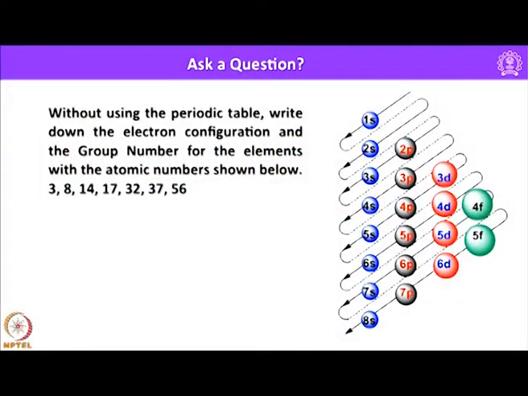For example, let us look into this Aufbau principle that gives the relative energy of all the orbitals. If we follow this sequence that is shown, writing the electronic configuration for any atomic number would be very easy.